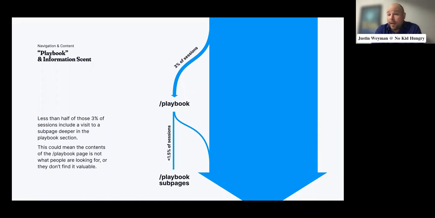Sometimes the people who are making the decisions were around when these decisions on terminology and taxonomy were made on your site. So in this case, the person who was most attached to the term playbook and what was included underneath it is the person who decided whether or not we were going to get the money to redo the site.